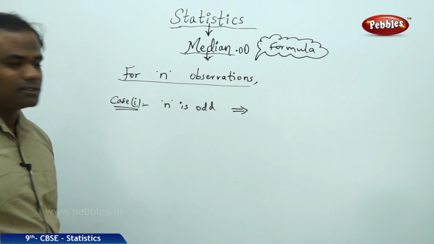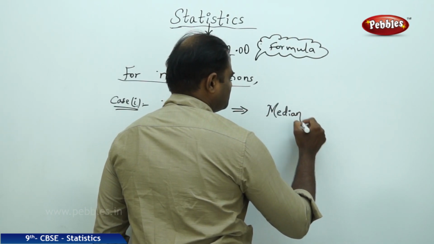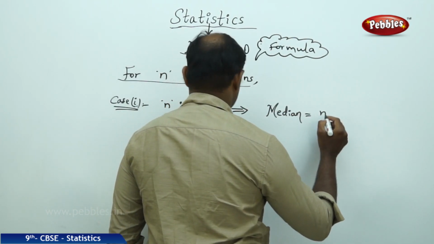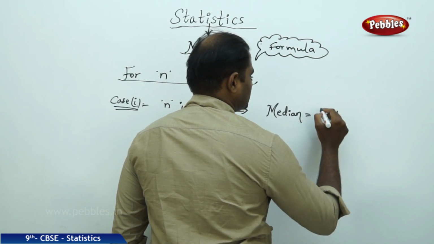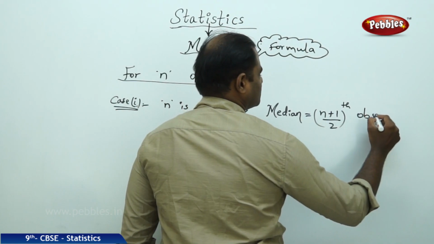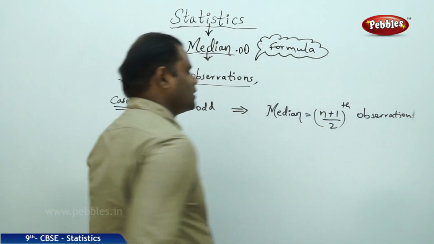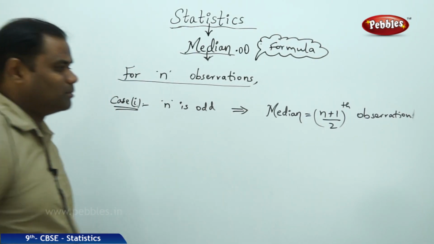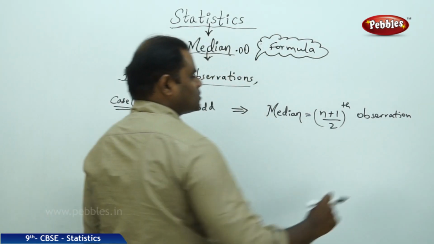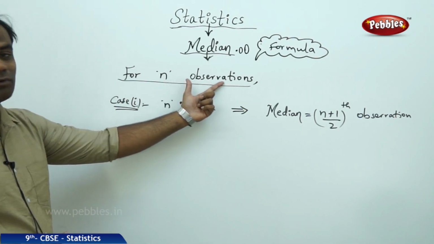If n is odd, implies median is n plus 1 by 2th observation. That's how we understand the formula. Median is n plus 1 by 2th observation, where n is the value, which is the number of observations.